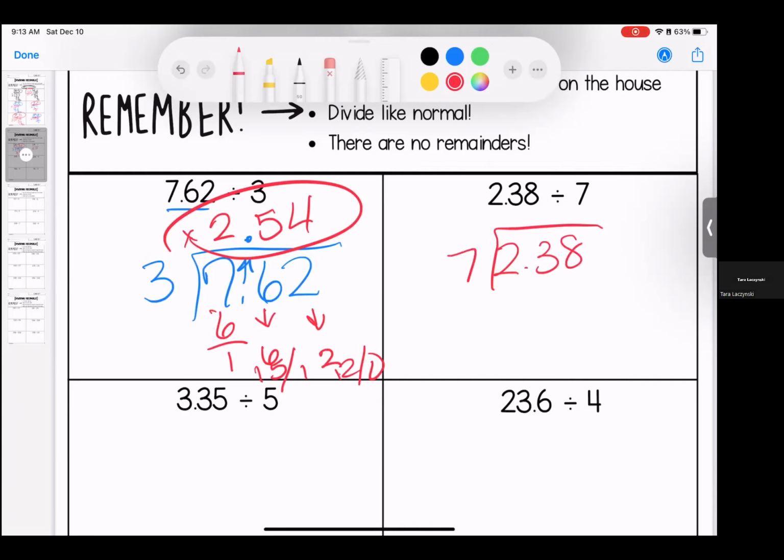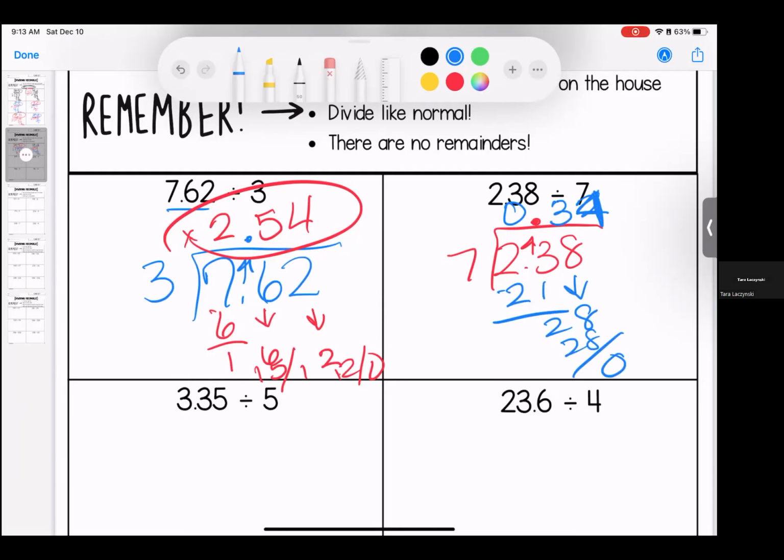2 and 38 hundredths divided by 7, decimal on the roof, and divide. 7 does not go into 2, but it goes into 21 3 times. 3 times 7 is 21. 23 minus 21 is 2. Bring it down. 7 goes into 28 4 times, because 7 times 4 is 28.